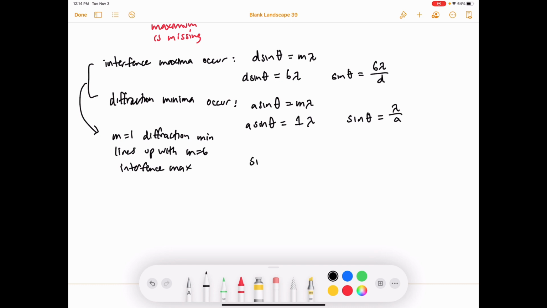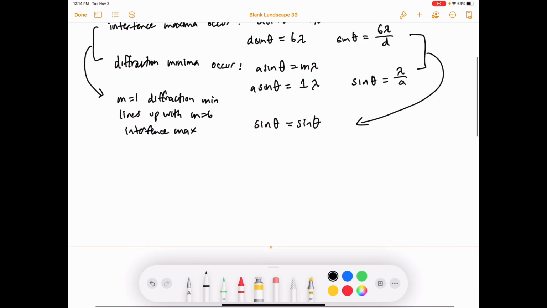So in other words, the theta we're talking about in these two expressions is the same. So I have 6 lambda over d equals lambda over a. It doesn't even matter what lambda is, cancel that out. That gives us a equals d over 6.